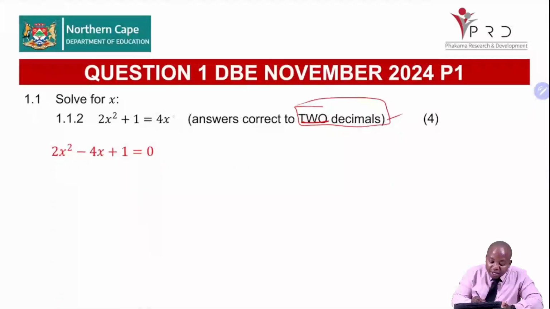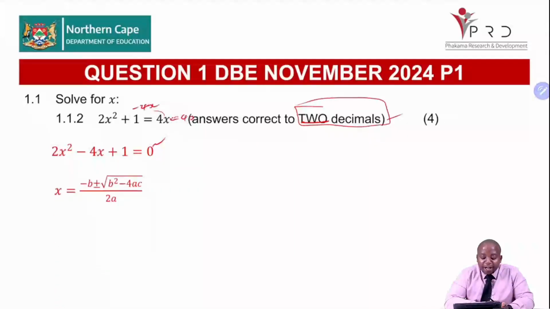So we can now see I can apply our additive inverse there, and I can subtract 4x on both sides. Or I can just say transpose the 4x, then I remain with 0 on the right hand side. Then on my left hand side, I remain with 2x squared minus 4x plus 1, it is equals to 0. So now this is in our standard form.